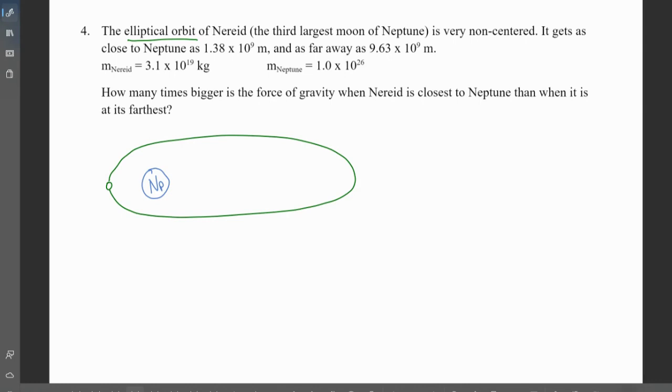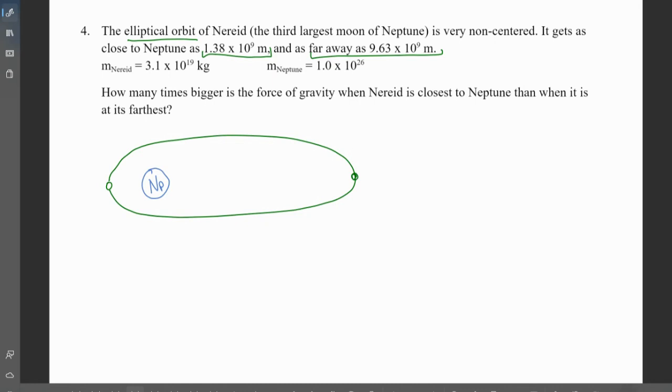We'll learn more about this later, but basically over here it's really close. So it gets as close to Neptune as this, so that's going to be over on this side. But then as far away as this, so that's going to be when it's over here. So far away, it's not going to have as good of a hold on it. It's not as big of a gravitational force.